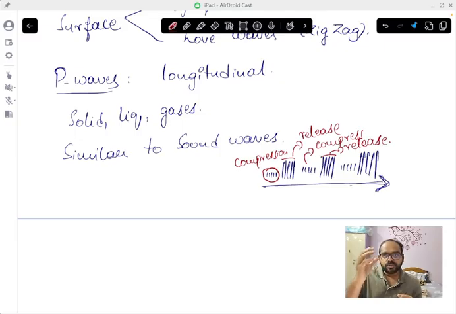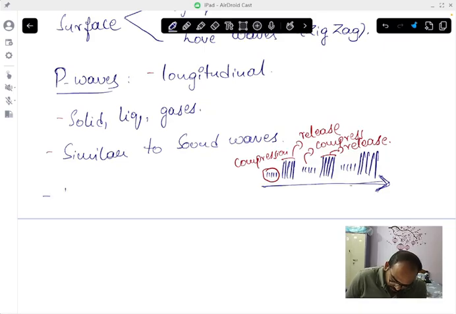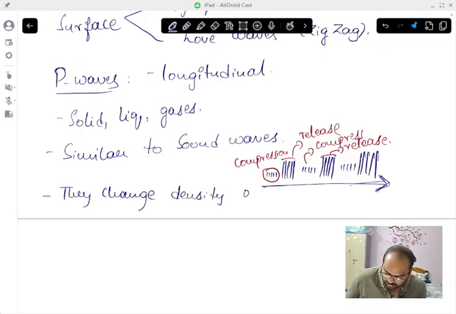Due to this continuous compression and release, the density of the material changes. That is another one: they change the density of the material through which they pass.